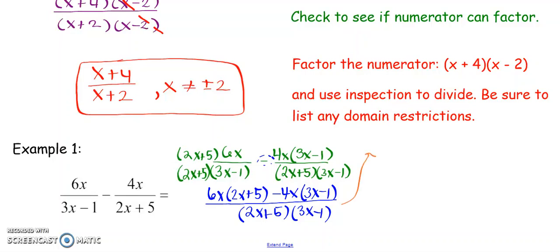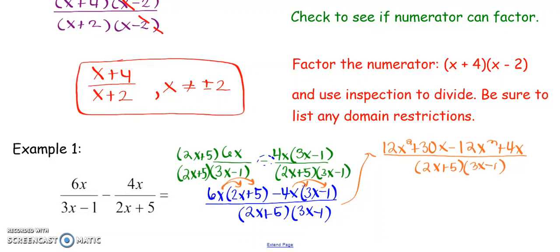So let's come up here. We get 12x squared, so I'm distributing that 6x, plus 30x. Now distribute the negative 4x, so minus 12x squared plus 4x over 2x plus 5, 3x minus 1.